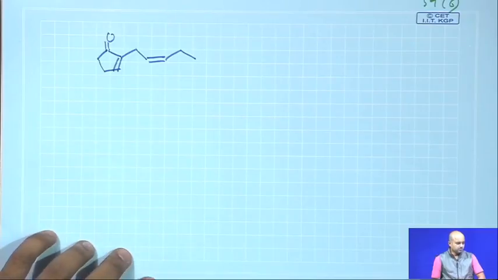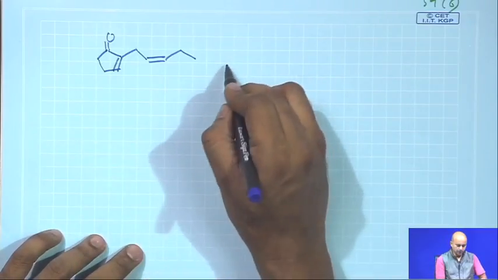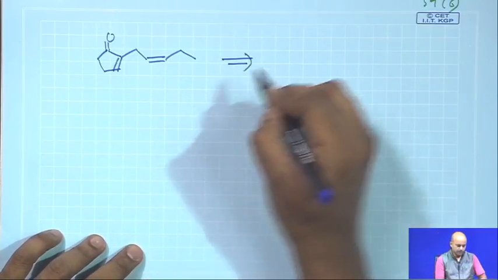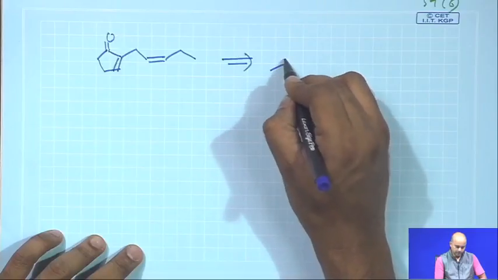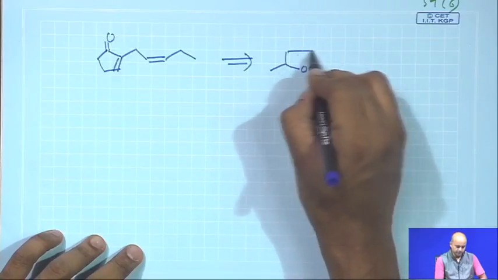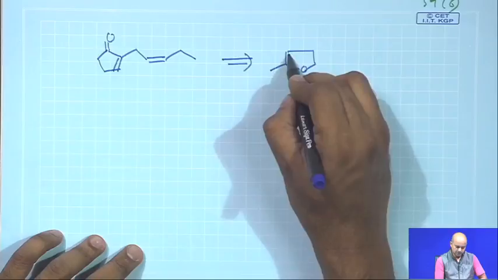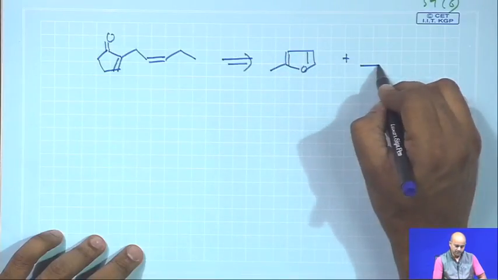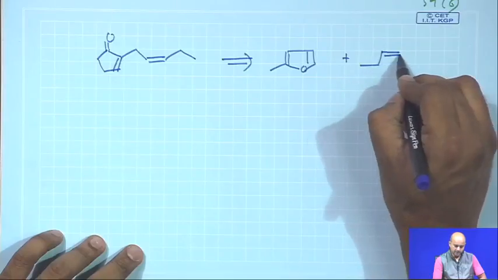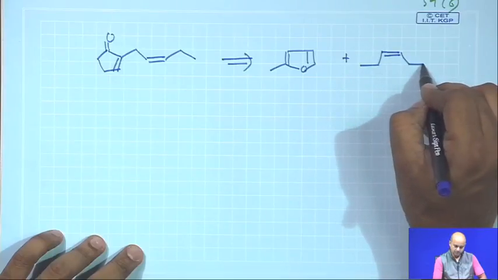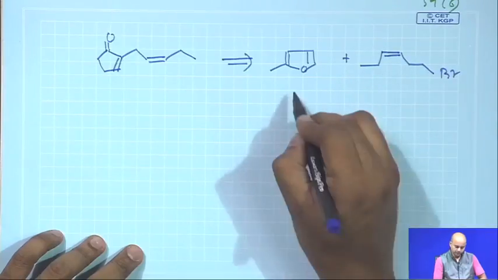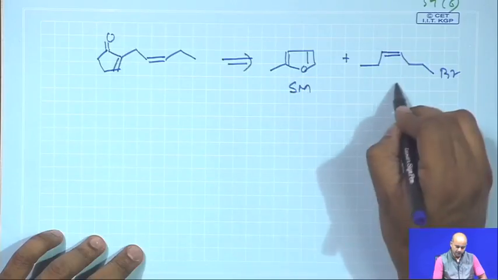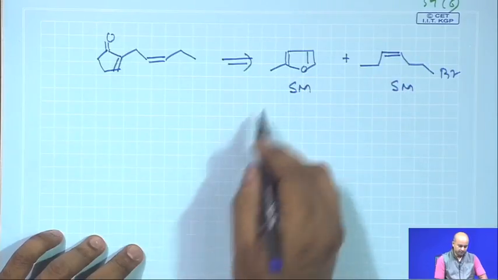Now, I am saying that this compound you can also easily synthesize through another class of starting material, and here what I am saying is that you can make this compound through this starting material as well as this starting material.